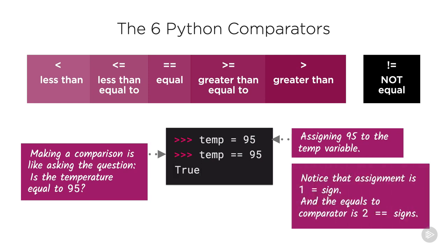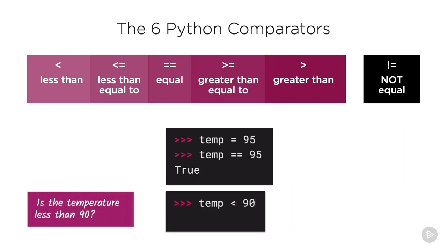And we get True because 95 is equal to 95. Also notice that assignment is 1 equals sign and the equals to comparator is 2 equals signs. Next, we'll check if temp is less than 90, and we get False.